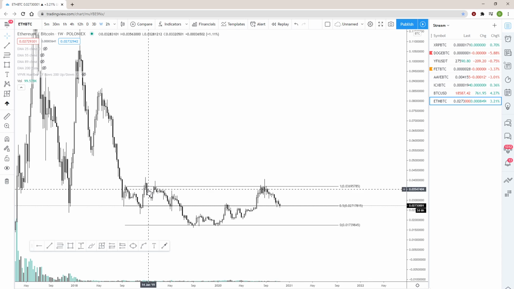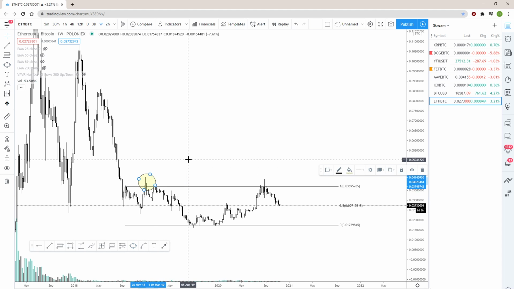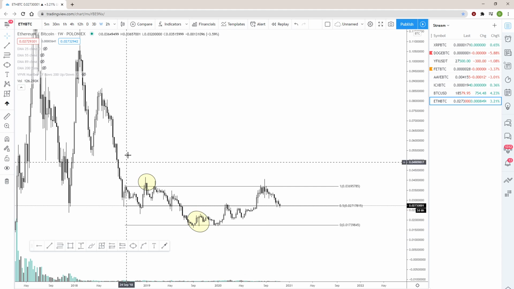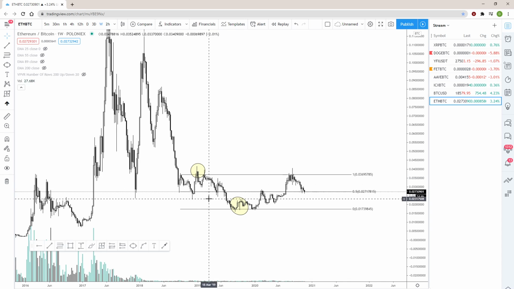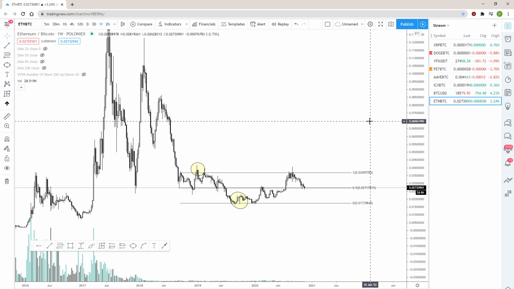I don't know. I mean, it's pretty equal highs and equal lows. You could make an argument for this. And generally, I will also say that the longer that price accumulates, the more explosive the move is going to be.